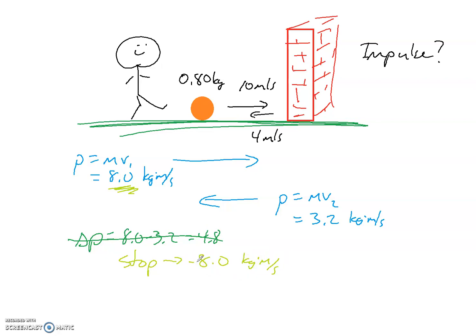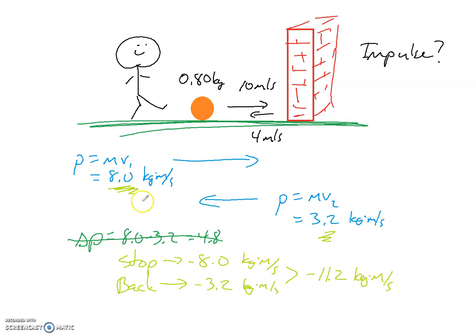But the wall didn't just stop the ball, it also threw it back with 3.2. So not only did the wall stop it, it also moved it back with another -3.2 kilogram meters per second for momentum. We need to take those two and put them together, and the total impulse or change of momentum would be -11.2 kilogram meters per second, or 11.2 to the left.